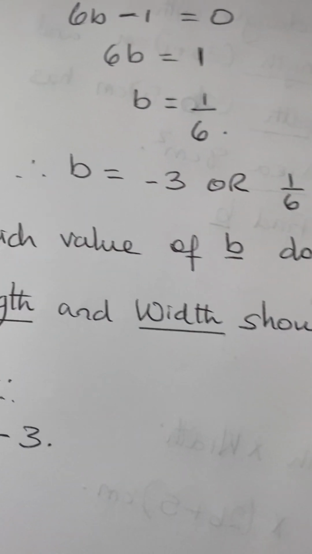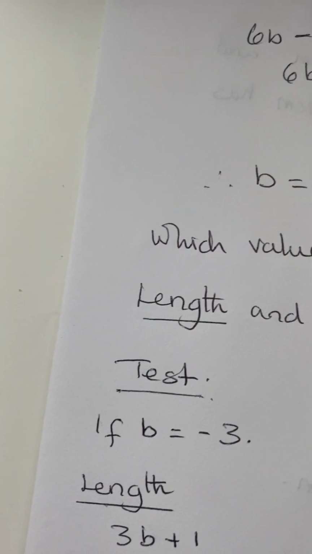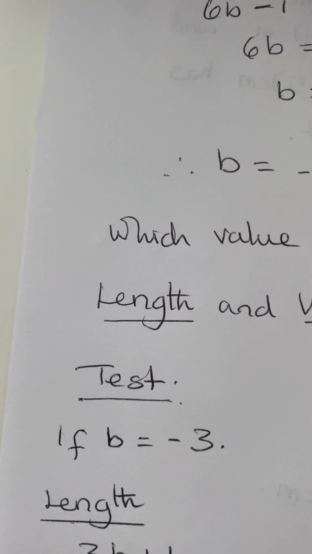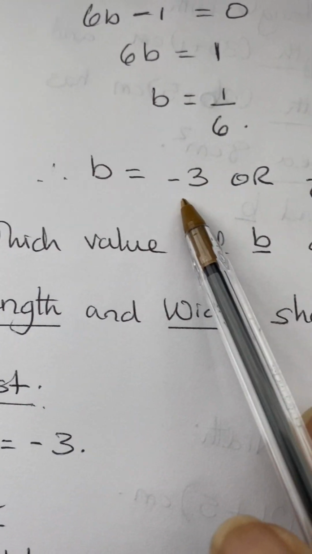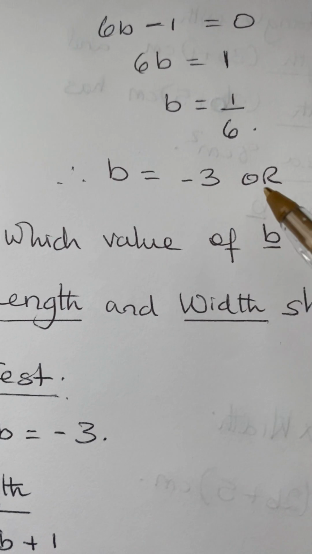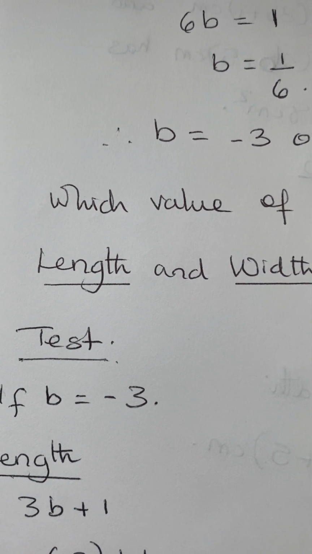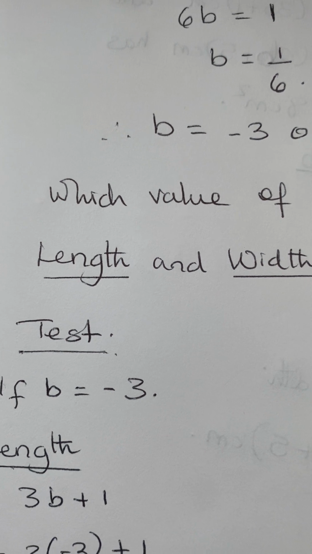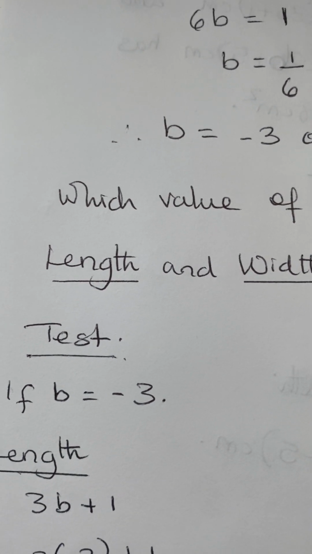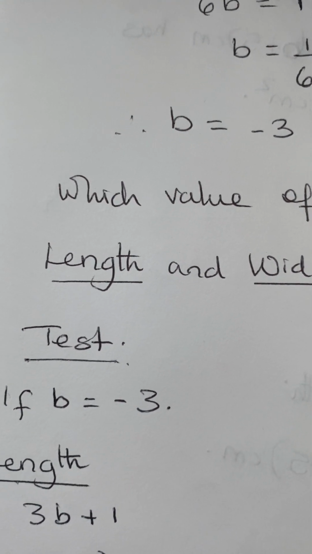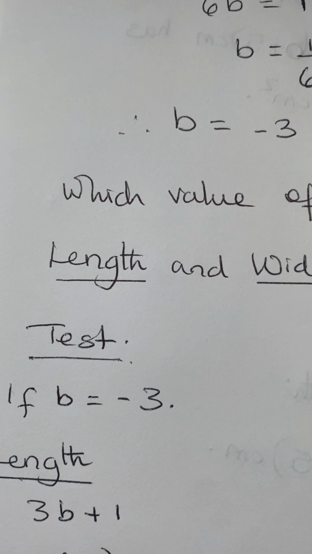Length should always be positive. So whatever b you choose, if you put it back into the length and the width you've been given, it should be positive. Otherwise, you can't choose that. Length and width are always positive.